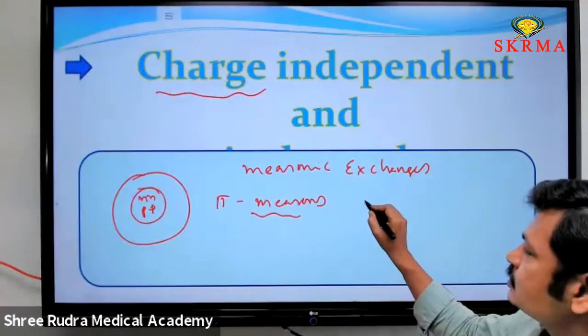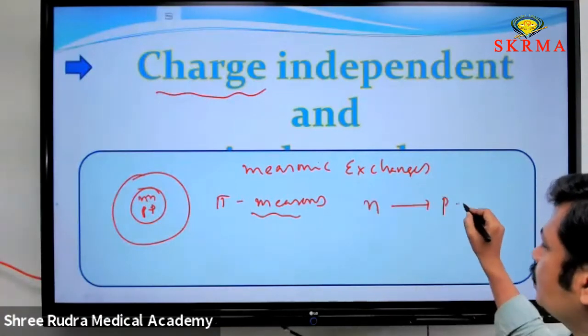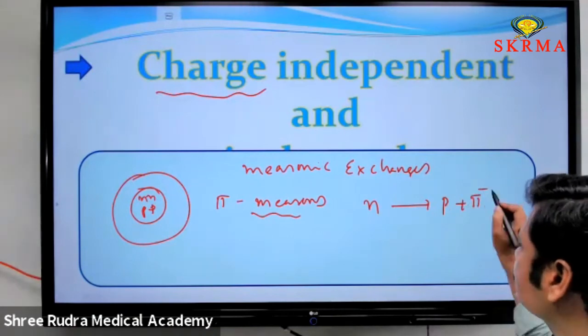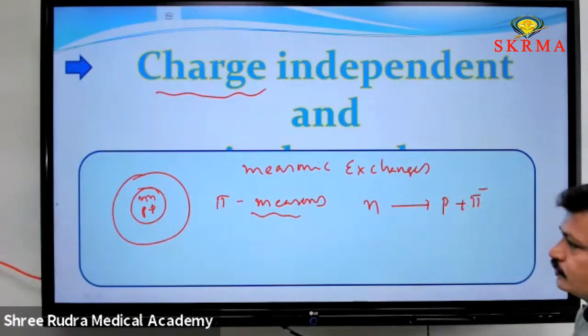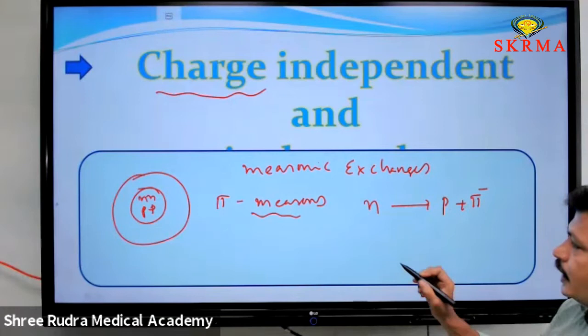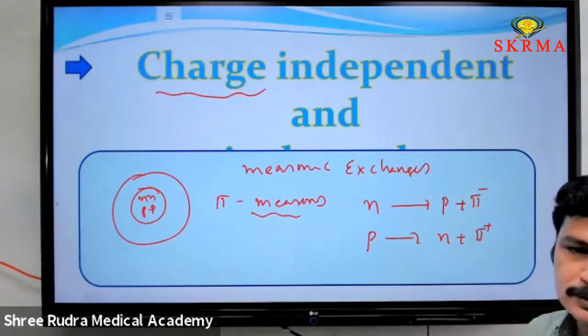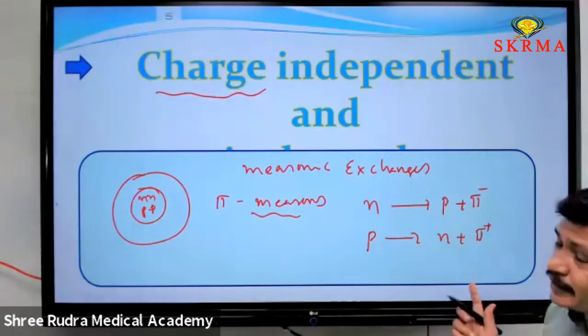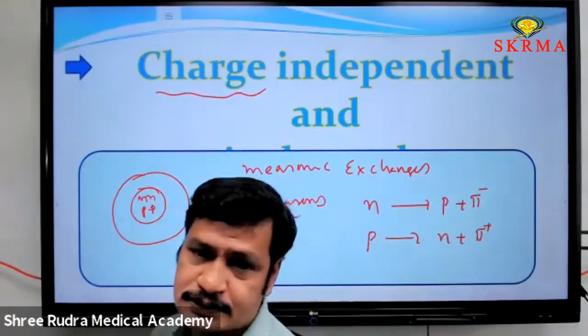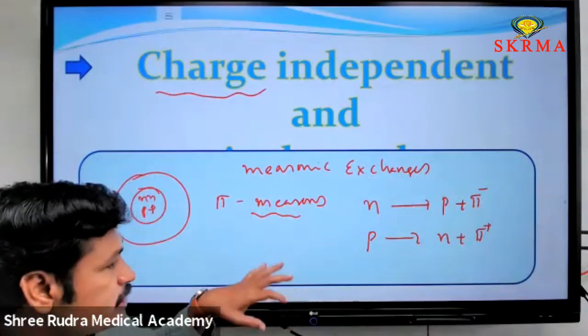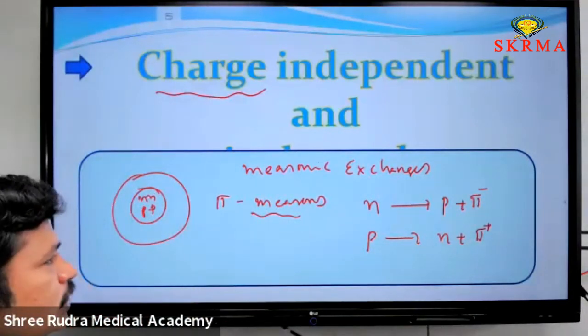For example, one neutron is converted into a proton by releasing a pi minus meson, as well as a proton is converted into a neutron by releasing a pi plus meson. These are the exchange forces. That's why these are also called exchange forces. There is a mesonic exchange taking place.